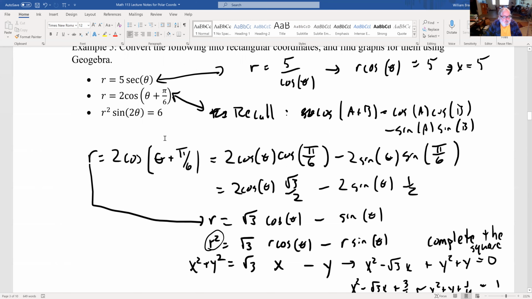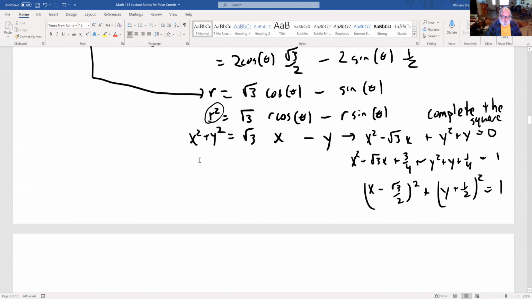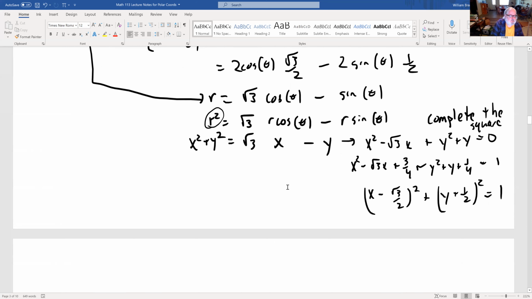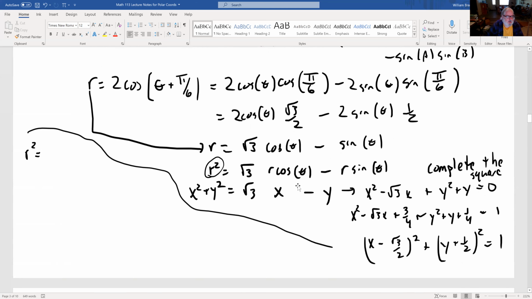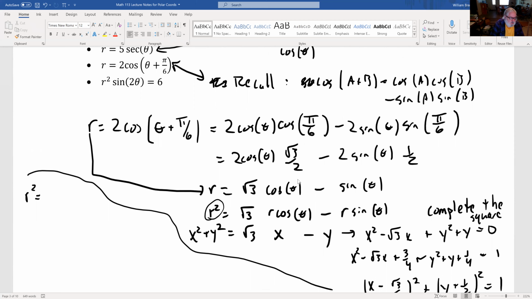Next: r squared sine 2 theta equals 6. I think I have just enough space to do this because this one's pretty short. We know that this becomes 2 cosine theta sine theta equals 6, because for sine 2 theta, the double angle formula gives you 2 cosine theta sine theta.